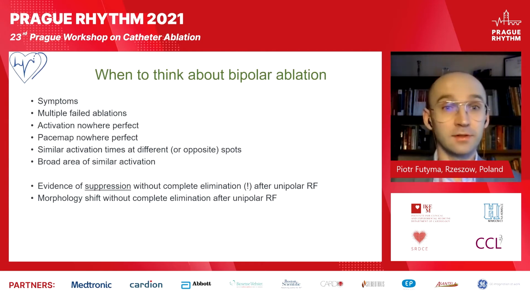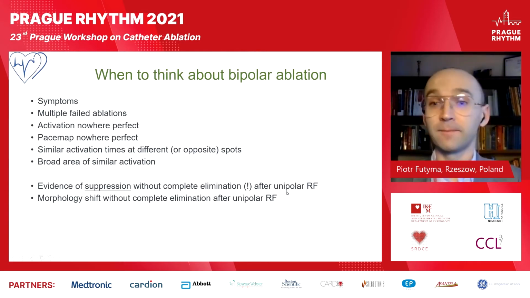When pacemap is nowhere perfect, when we have similar activation times at completely different spots, for example, similar early activation at both sides of the septum. When there is a broad area of similar activation, this also can suggest that the site of origin is deeper.